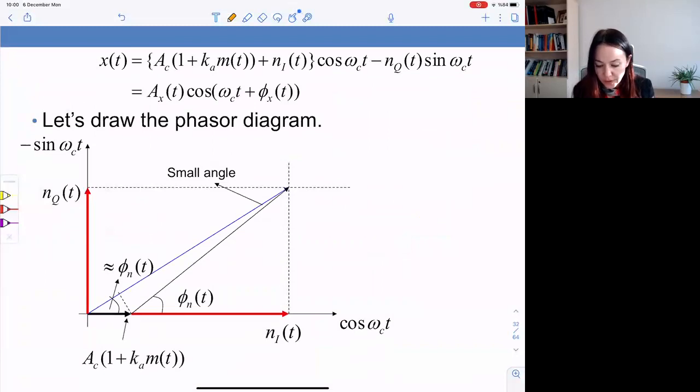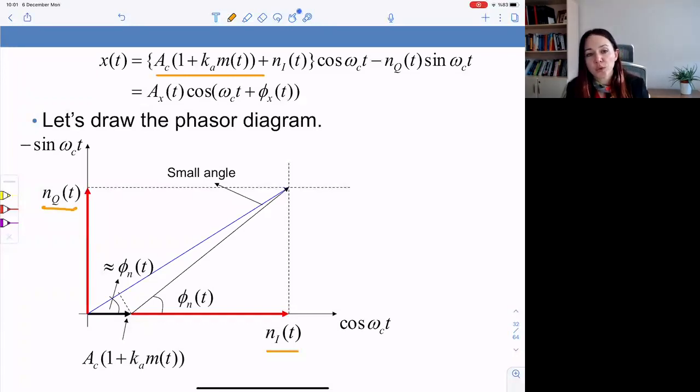So here is our signal. And I'm adding noise on top of it. Okay. Now here is the NQ and NI as before. The noise components have been drawn in red, and they are a little bit exaggerated to show that noise is large.